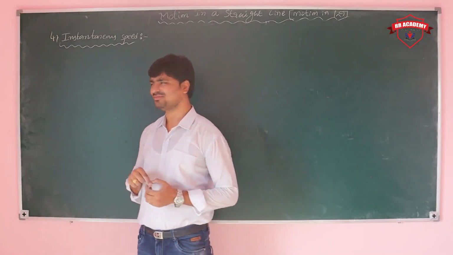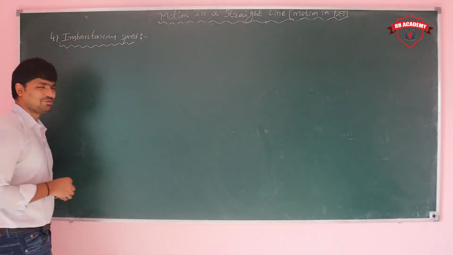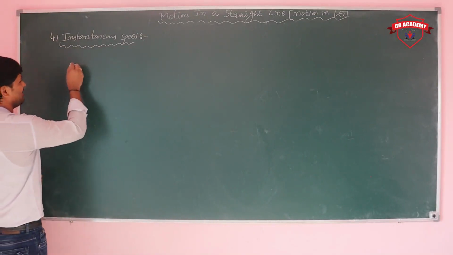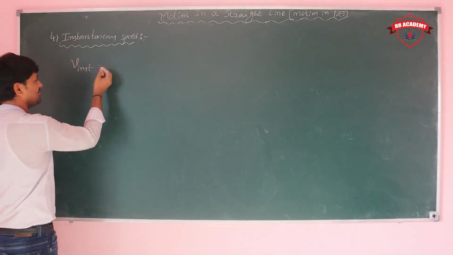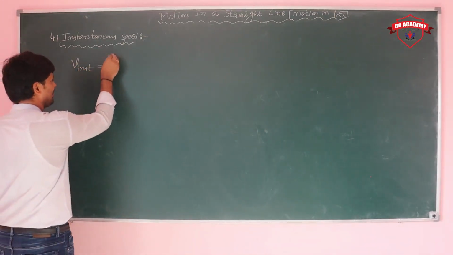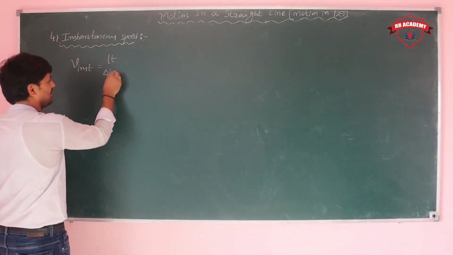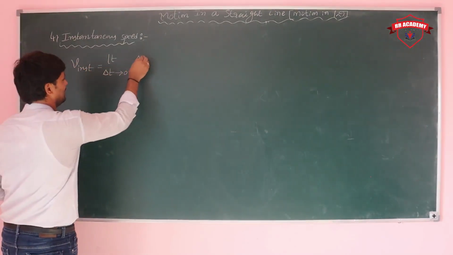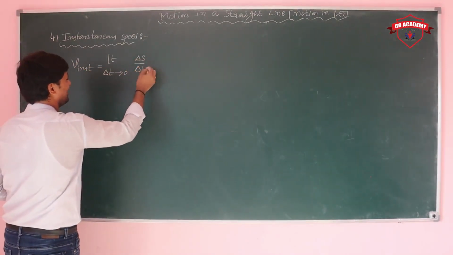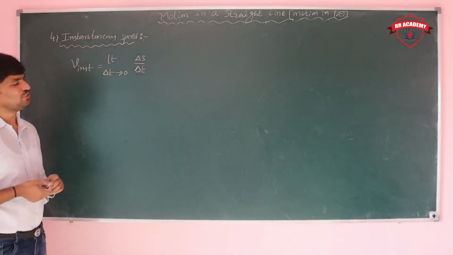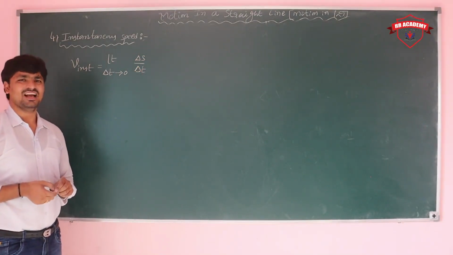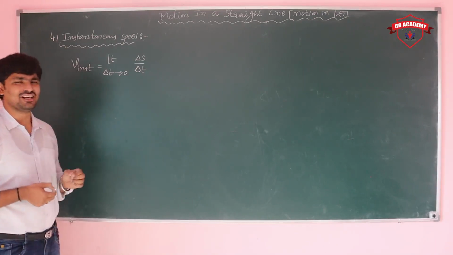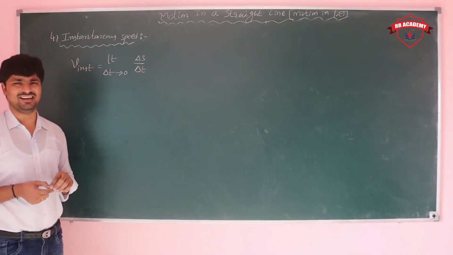Let's see how. Generally we represent V instant is equal to limit delta t tends to 0 of delta s by delta t. If you remember, delta s by delta t is the average speed. In that average we take a very small part, that's instantaneous.